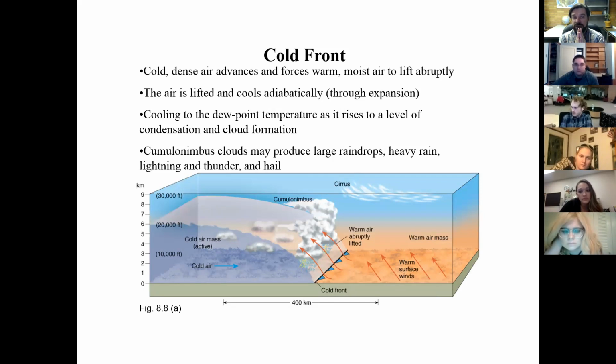And what that does is create very dynamic weather events. So this is where you have your cumulonimbus, thunder, lightning clouds, heavy, intense rainfall, maybe just short periods of rainfall. But it all happens, and maybe some hail is going to be involved in there, right? It's just a lot going to happen in a short amount of distance in a short amount of time.